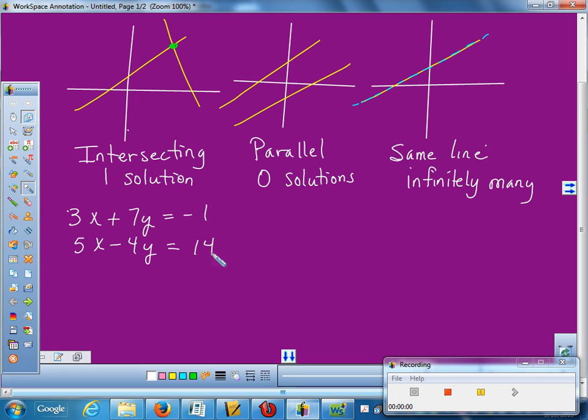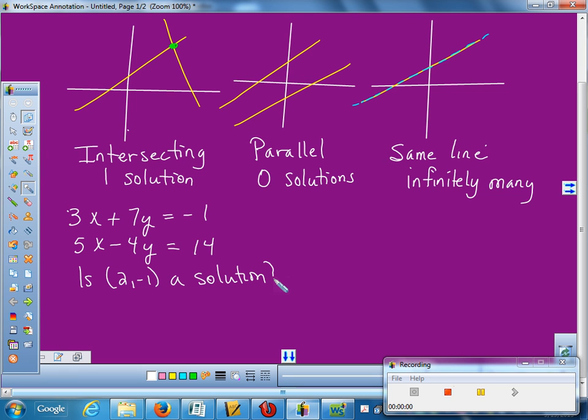On the old math assessment, this one came up all the time. I want to know, is the point (2, negative 1) a solution? I don't want to graph it out, I don't want to solve it. How can I, with just this much information, figure out if (2, negative 1) is a solution?